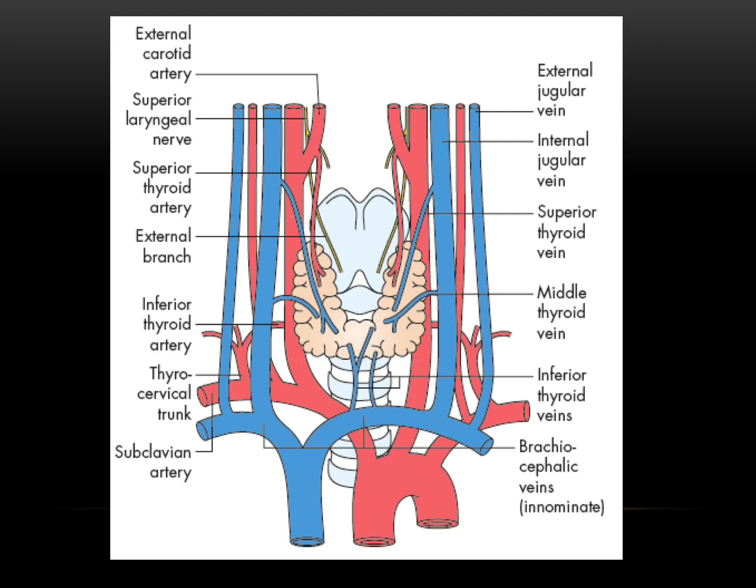This diagram shows the thyroid gland, which is located in the neck, in front of the second, third, and fourth tracheal rings.